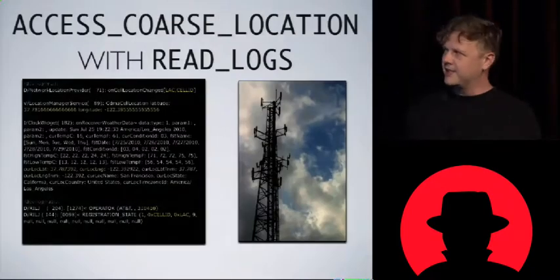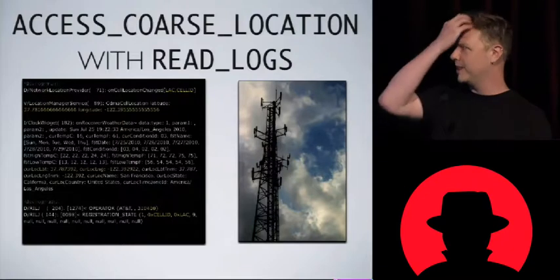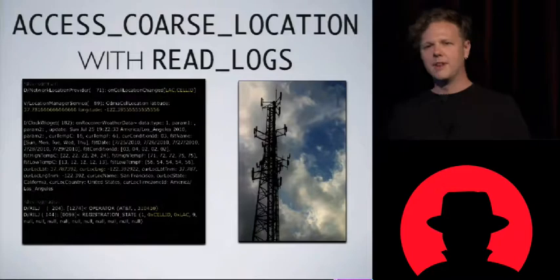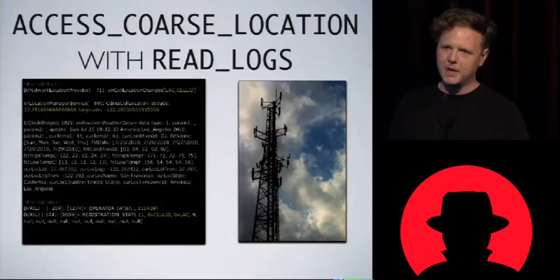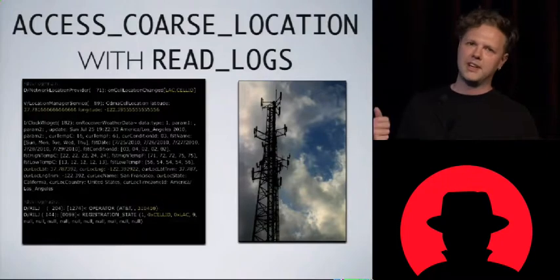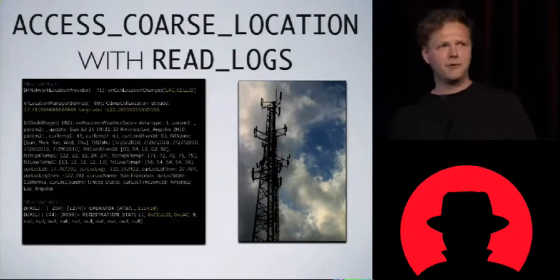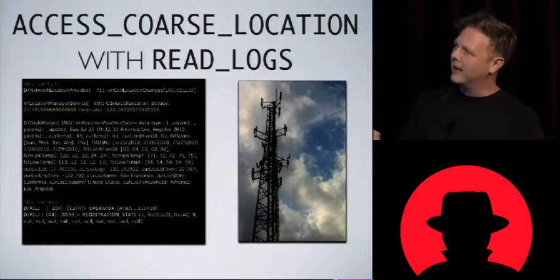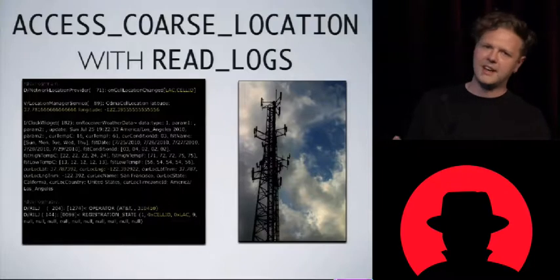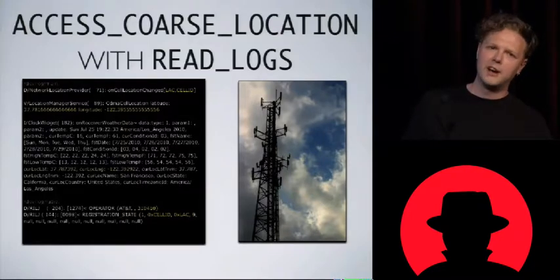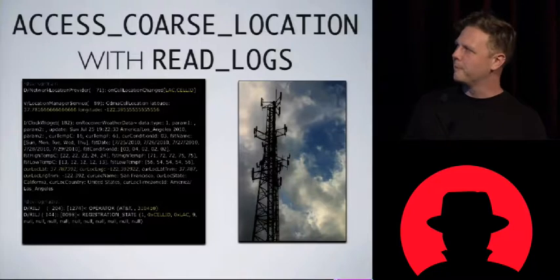One of the interesting things that we found is that read logs can actually be equivalent to having access to coarse location. There's an awful lot of chatter that can show up from system components. In the case of coarse location, we're talking about essentially resolving location data for the tower that the device is connected to. One of the first things that we found that's activated on a lot of handsets and has actually been fixed in 2.2 is logging the LAC and cell ID of GSM towers that the device is connected to.